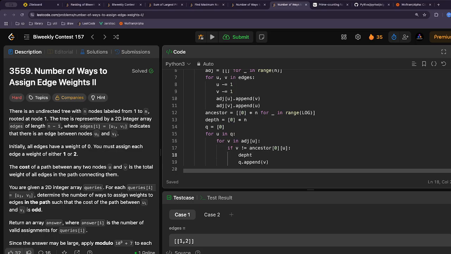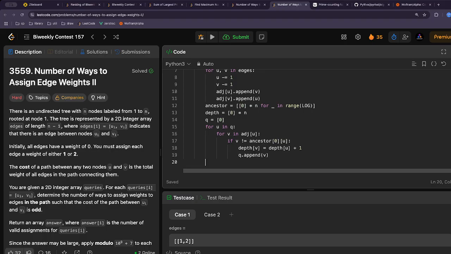So here we want the depth of B to be the depth of U plus 1, right? So now we have all the depths, and we have the ancestors for K0, which means the parents.